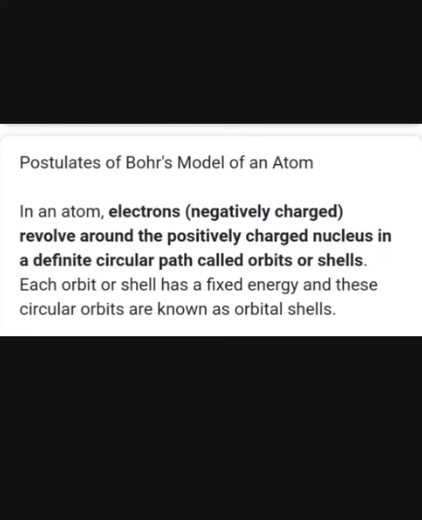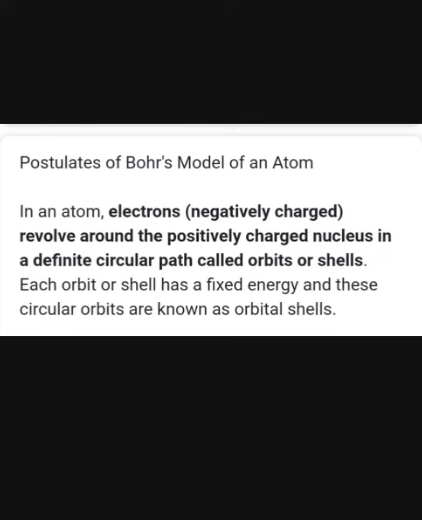So this is a type of theory or model that is just trying to describe an atom as a circular shape in which the nucleus takes the center of the circle and contains the protons and the neutrons, and electrons will now be moving around the nucleus in well-defined circles or orbits, or shells.